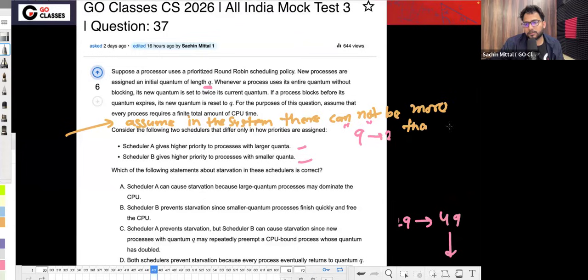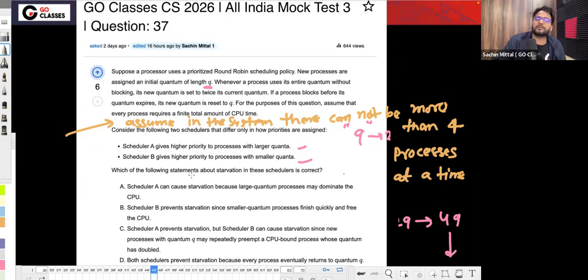Still B will cause starvation. Even if they say that there cannot be more than four processes.